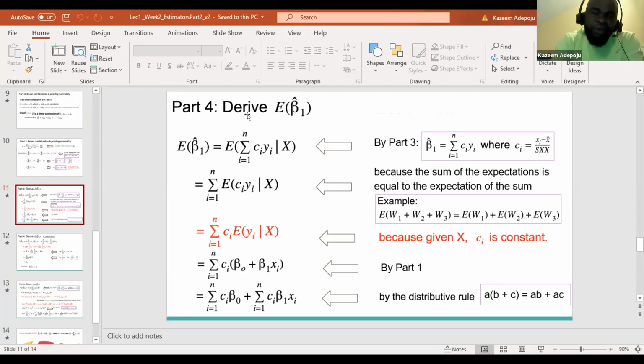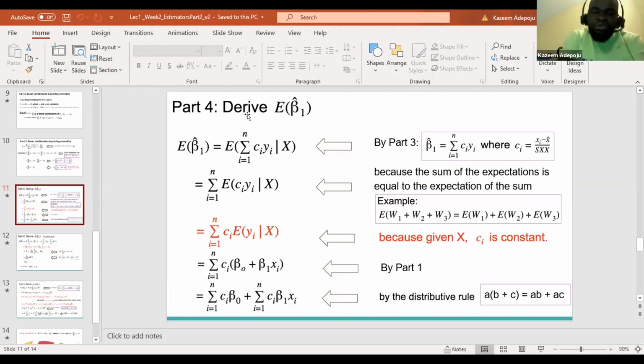Now, if they have different values of parameters, we need to find the average of these values. What we're trying to say is that the average of the values will give us the population parameter that we want.